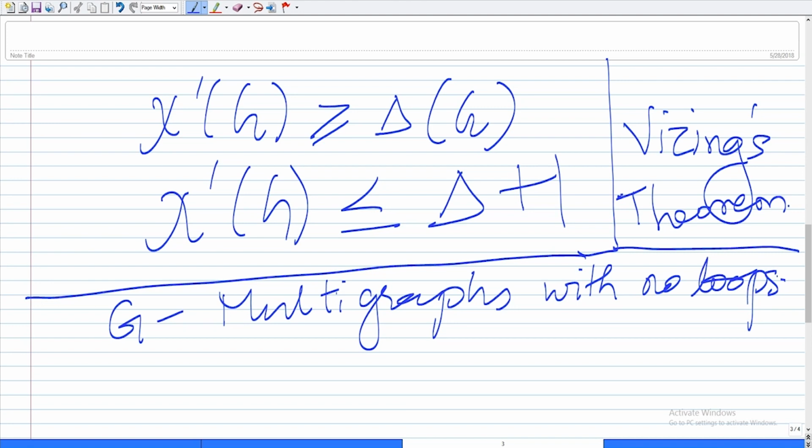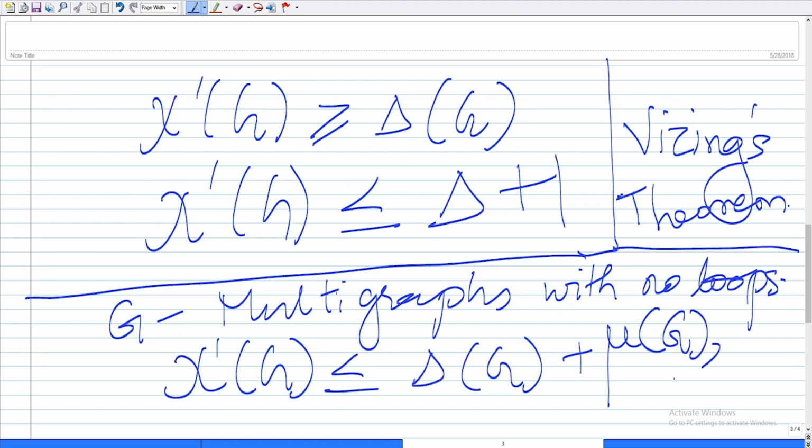It is not immediate to see, I know, I will just give you the answer. So, it is going to be delta plus mu, where mu is the maximum number of parallel edges present between two vertices. Okay. So, given two vertices, if we have k parallel edges and that is a maximum number, so that is what we would like to take into account. So, the upper bound would be delta plus mu of G. Okay.